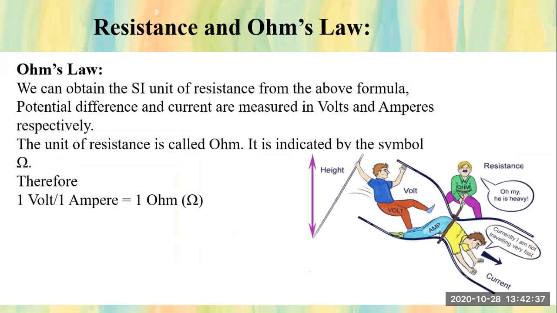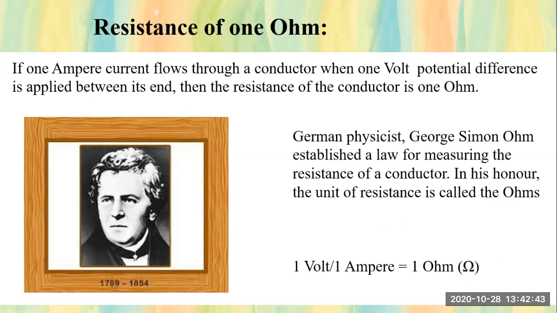If 1 ampere current flows through a conductor when 1 volt potential difference is applied across its ends, then the resistance of the conductor is 1 ohm. See, very simple. The formula is given below also: R is V upon I.